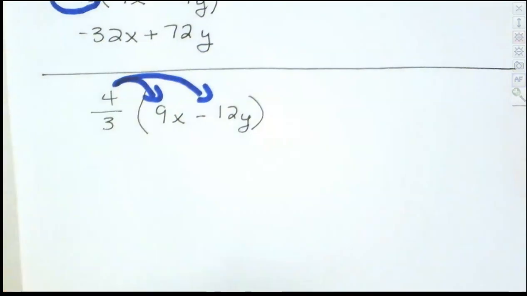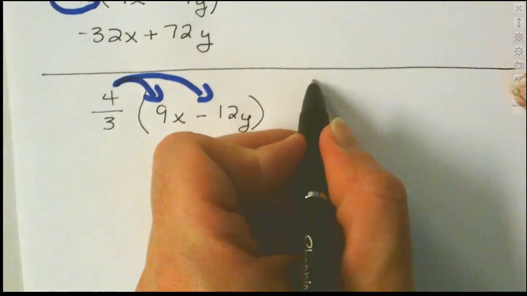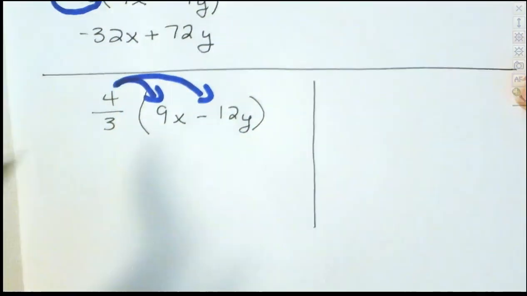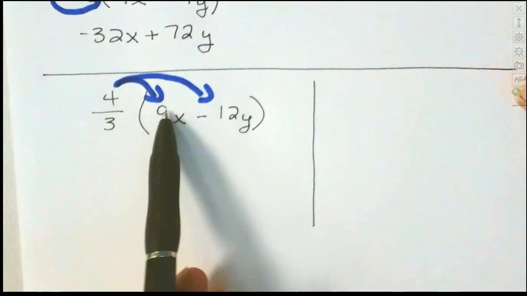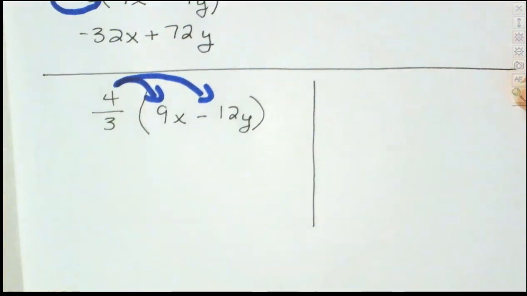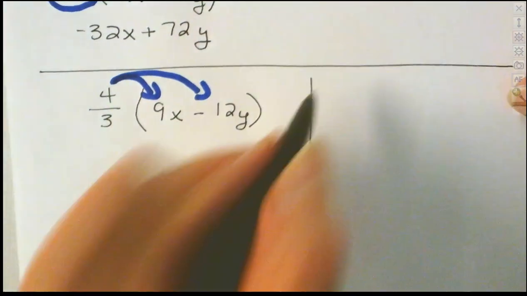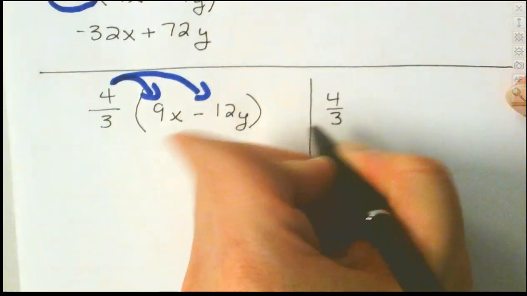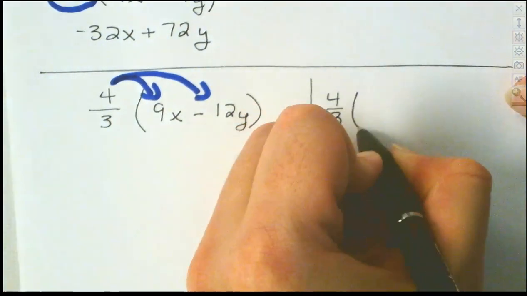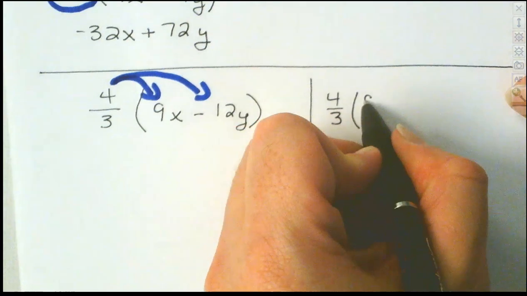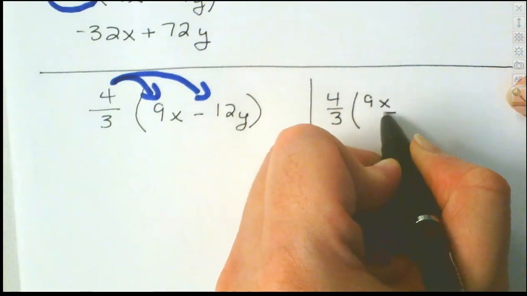But we're going to put it over the side if we need to. So let's work with the first one. We're going to do each piece individually here. So we've got 4/3 first. And we're going to have to multiply that by 9x, and we'll put that over 1.